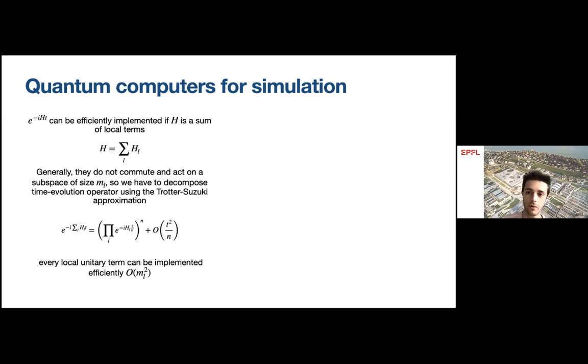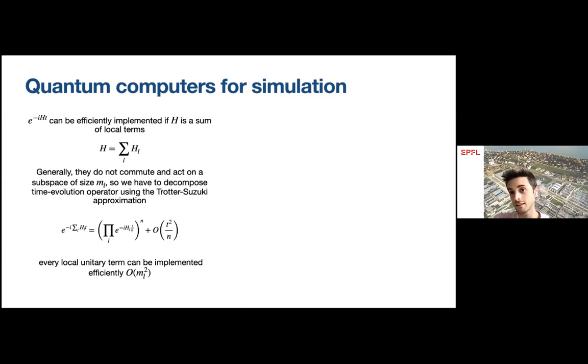And every time we repeat this product, we increase the accuracy of our decomposition, of our approximation. So if n goes to infinity, this approximation becomes exact. So this is not an approximation, this is an equivalence. But we are limited. We cannot go with n equal to infinity.